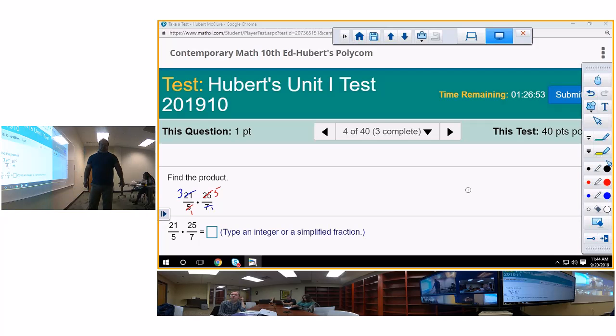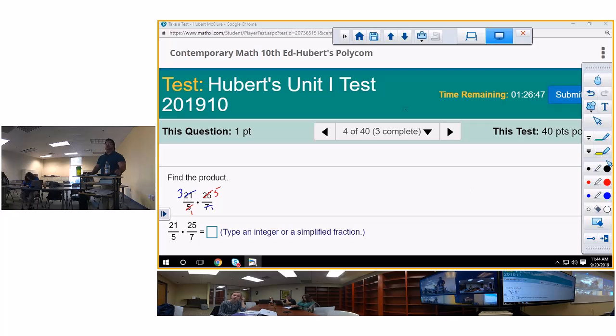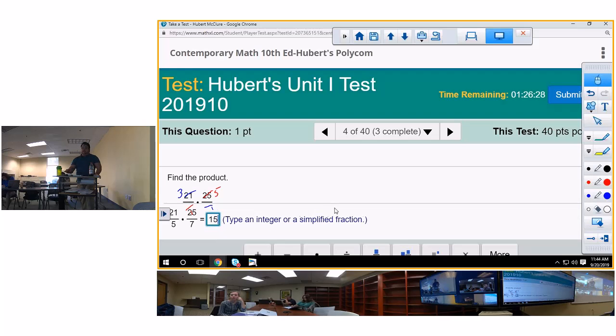And that's your answer. 15 over 1, which is 15. Now, if you did it the traditional way, 21 times 25 is 525. Then that'd be 525 over 35, and then you'd have to reduce. You're on your own if you're going to reduce it, because I'm not going to do it during the test. So that's 15. Next.